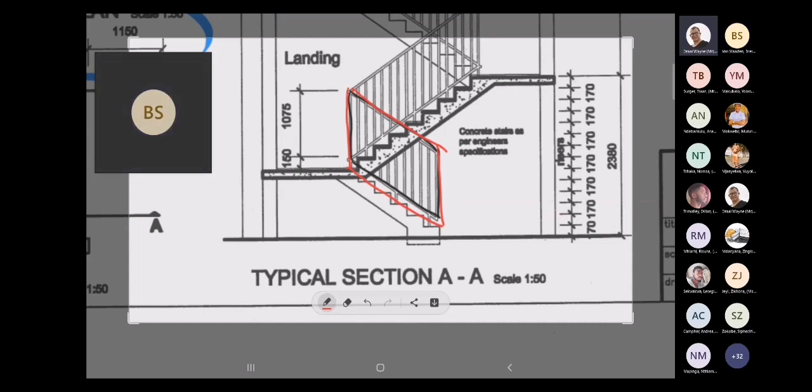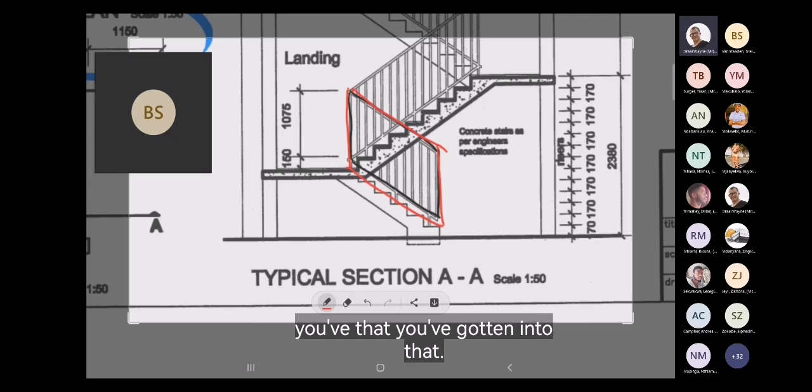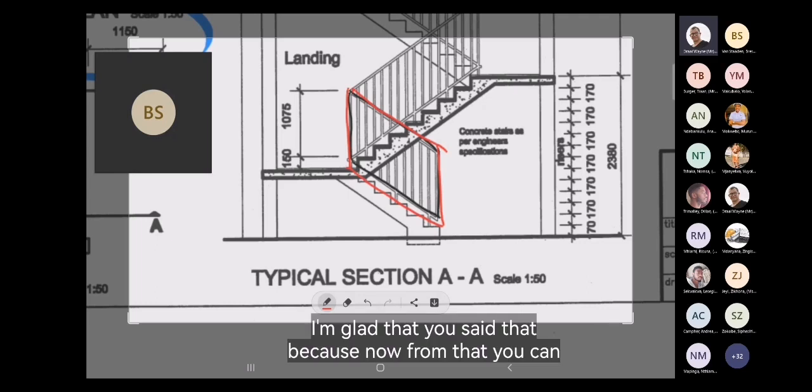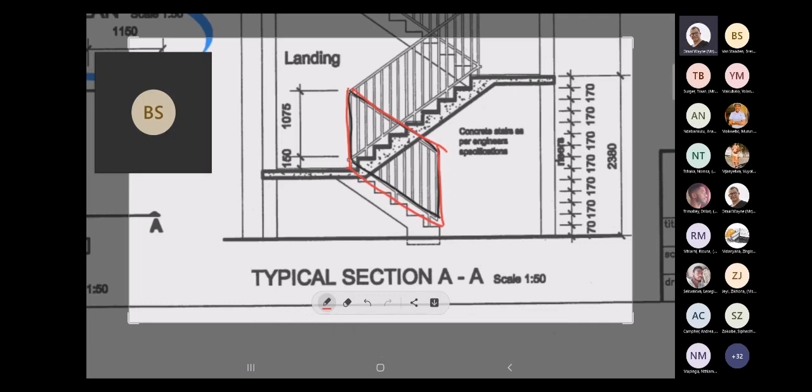So you say it's, but I'm glad that you've gotten into that, because from that you can now see how quickly one can make that mistake. Are you with me? Because what do we need?